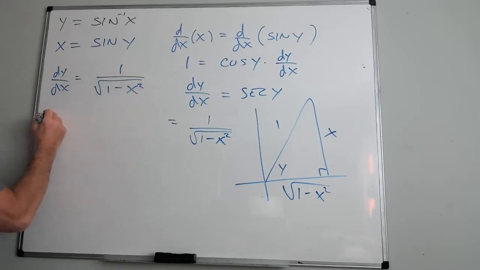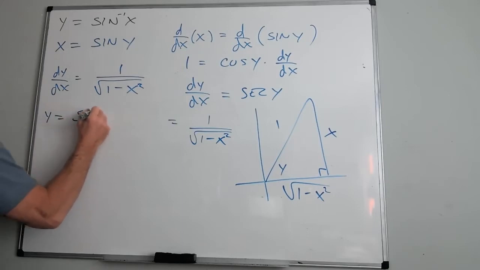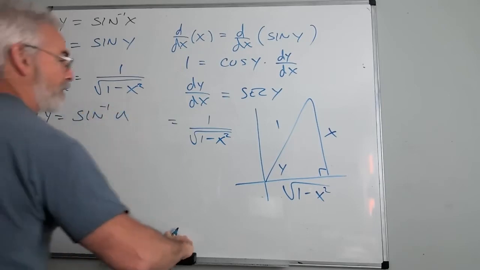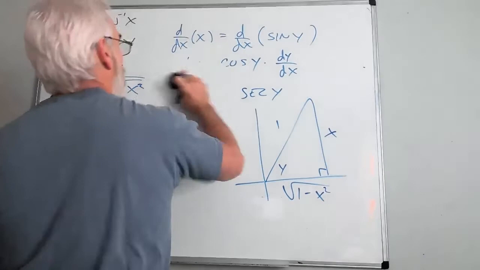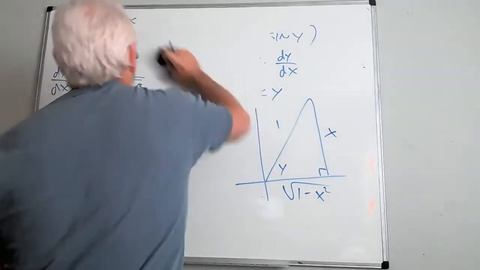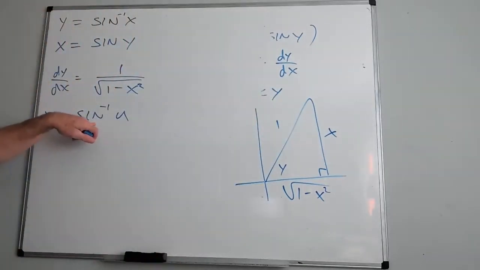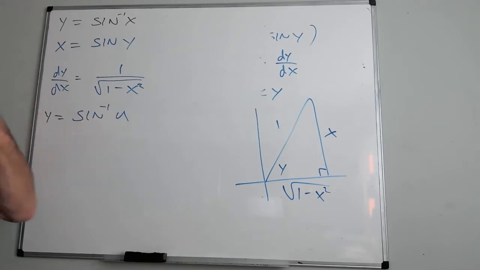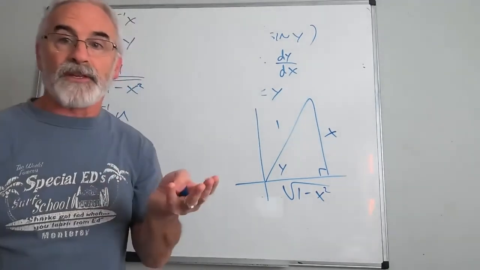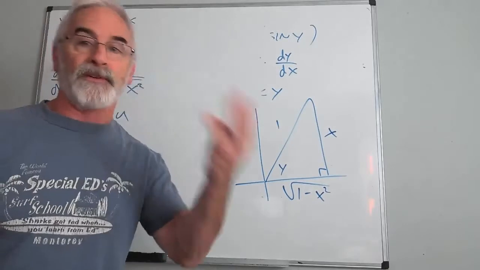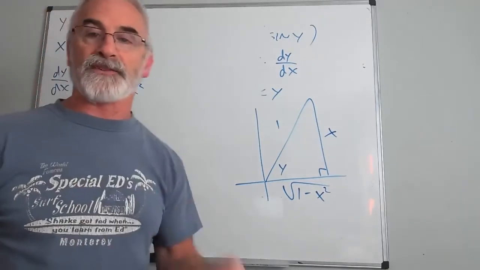So what if I have y is inverse sine of u? Well, just like before. And again, we always immediately go to this one because this is the most general case. You will take the derivative of the inverse tan of x, of e to the x, of x to a power.